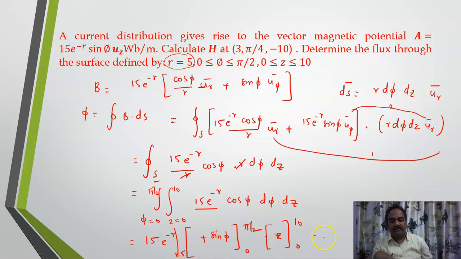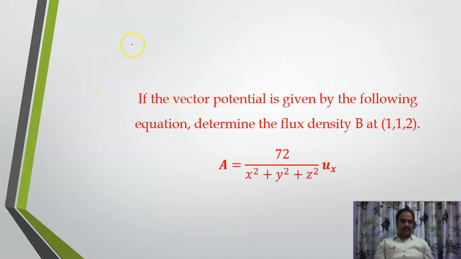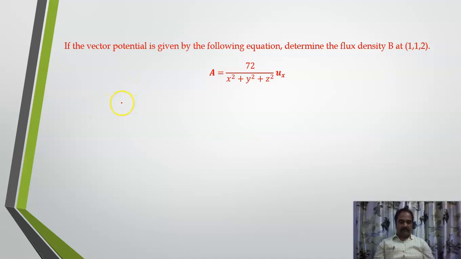Okay. Now we will move on to question number 2, which states that vector potential is given by the following A, and you should determine the flux density. So very simple one. We know B is equal to del cross A. The only thing is that if you carefully see, this is in XYZ coordinate system. So ux, uy, uz.